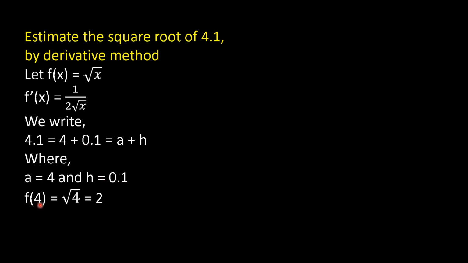So f(4) becomes under root 4, which will be 2. We replace x by 4. f dash 4 equals 1 divided by 2 root 4. We replace x by 4, which will be 1 divided by 4, which is 0.25.